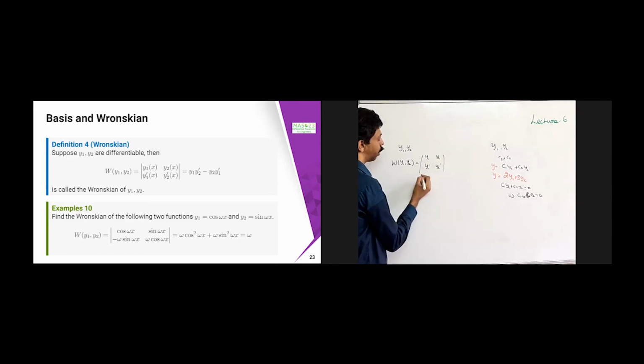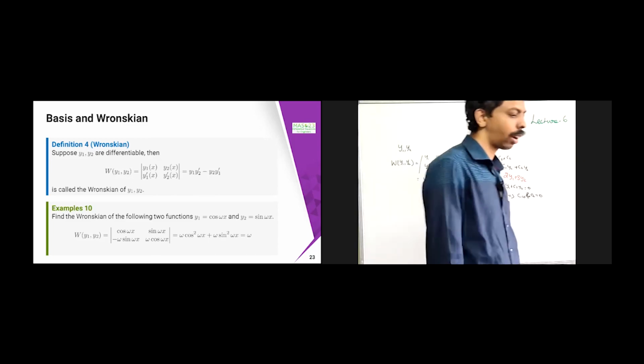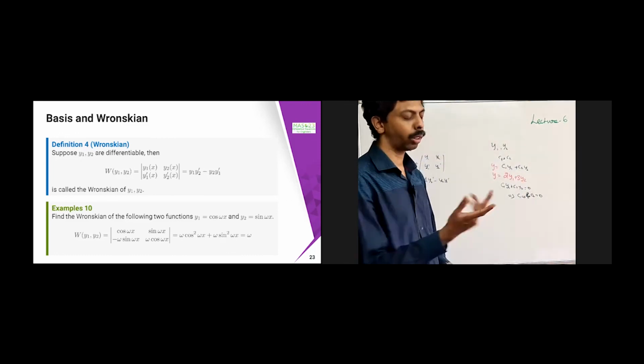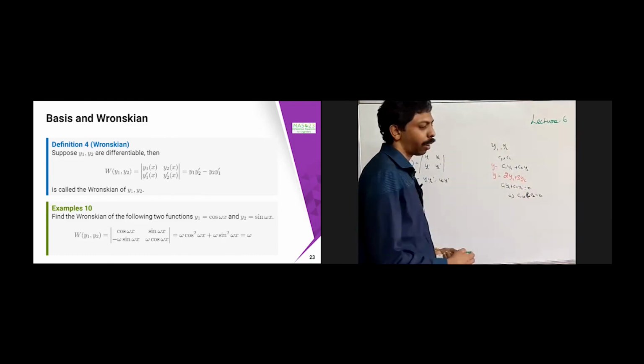In other words, I can write it as y1 y2 dash minus y2 y1 dash. It is called the Wronskian because it was invented by a mathematician named Wronski. So this is called the Wronskian of y1 and y2.